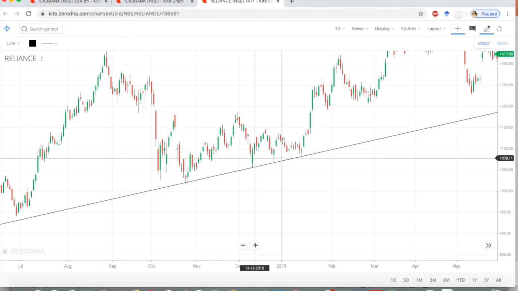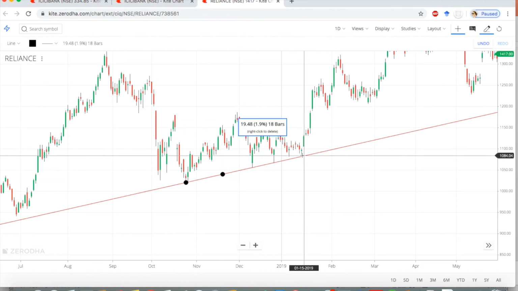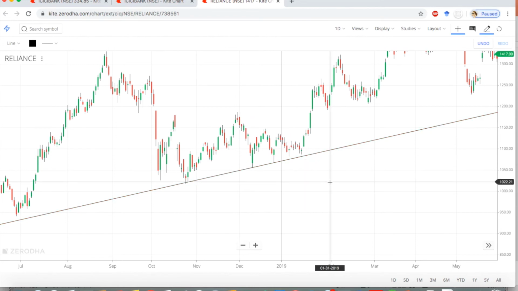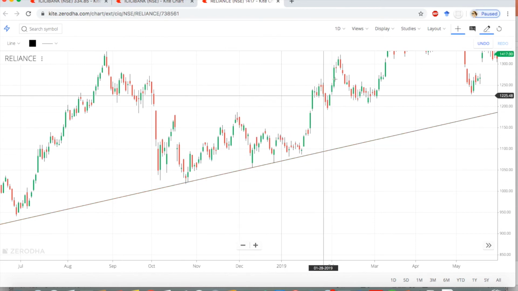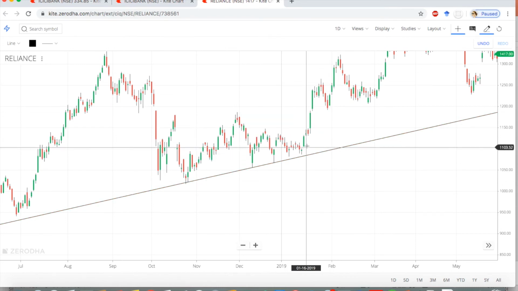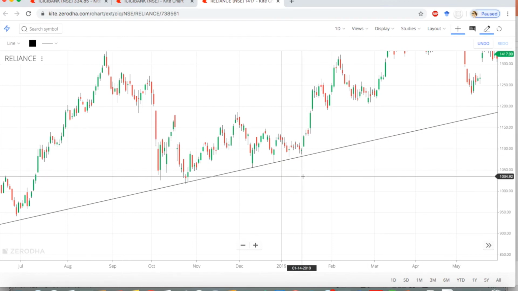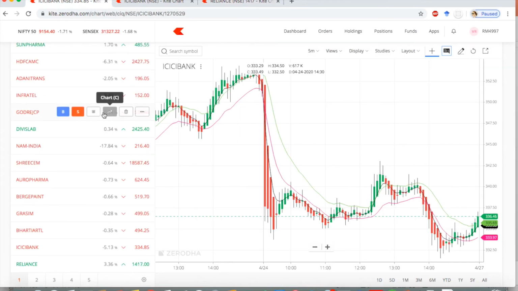If it breaks, I will sell here, but it is taking support, so I will buy. Based on the next day's candle, I will trade. Next day there is a gap opening, so I will buy for that day. Hope it's clear. We will see one more.